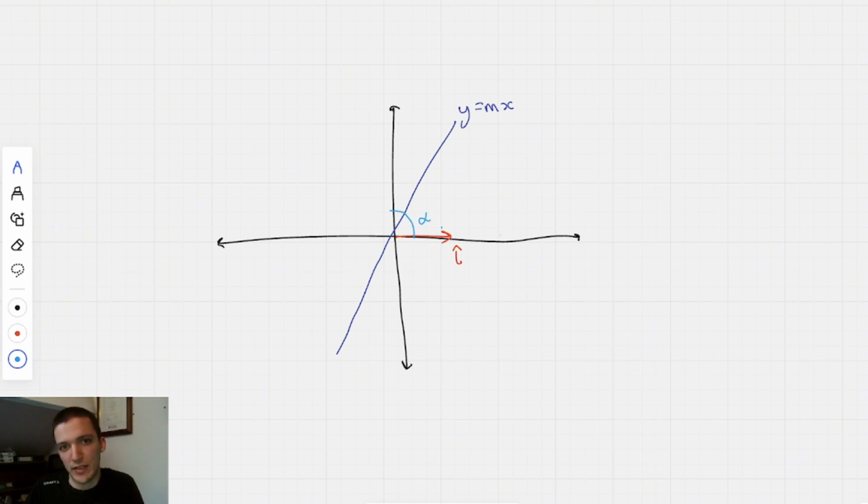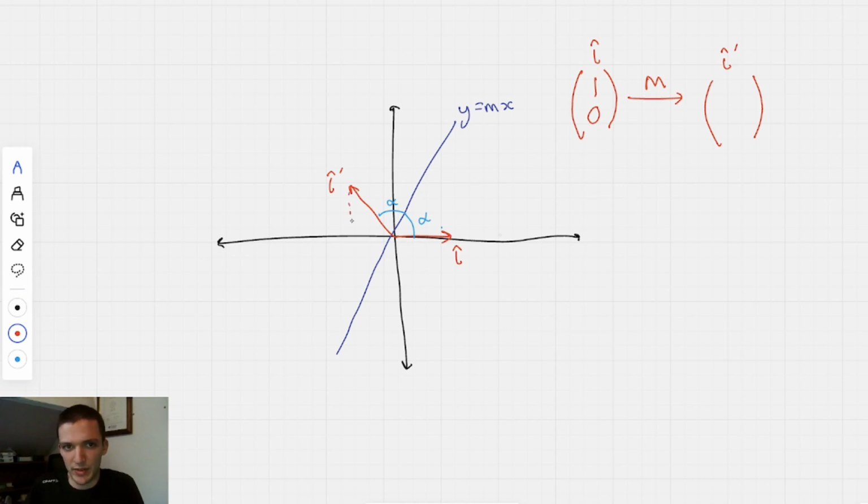If reflected in the line, it's going to be rotated by another alpha and is going to end up sticking out here. Let's call this i hat prime. So i hat, which is the unit vector 1, 0, i.e. 1 in the x direction and 0 in the y direction, is going to become, under transformation M, i prime, which is going to look a little bit like this.